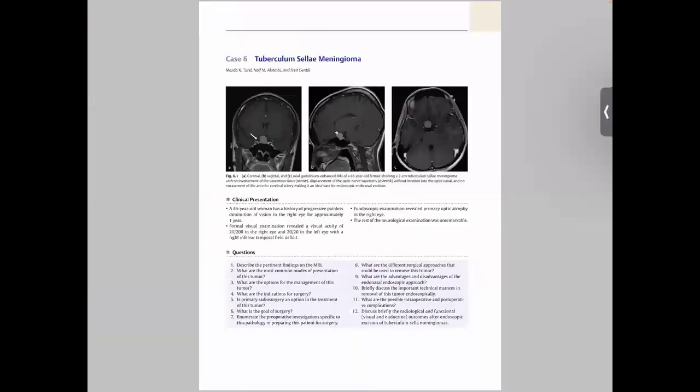Maybe a little discussion about question number 1. Maybe the other thing is, if it's not a tuberculum Sellae mass, what else could it be? The differentials that I could come up with are a pituitary macroadenoma.